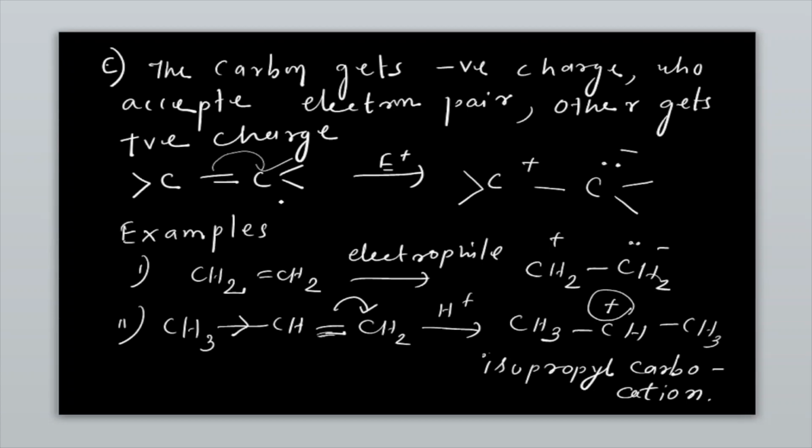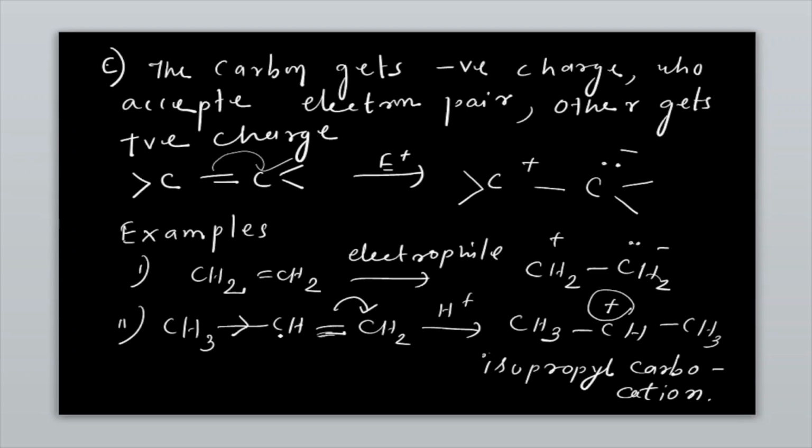Now see examples: CH2 double bond CH2 with the electrophile gives CH2 plus and CH2 minus. Since it is C plus, it is very active, and it attacks the negative part. Now if you see propene, CH3 is an electron releasing group; the alkyl group, the methyl group, is electron releasing.